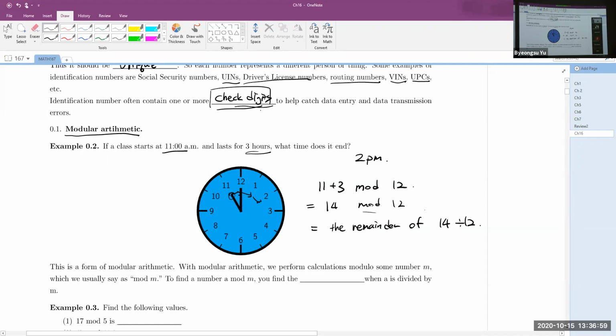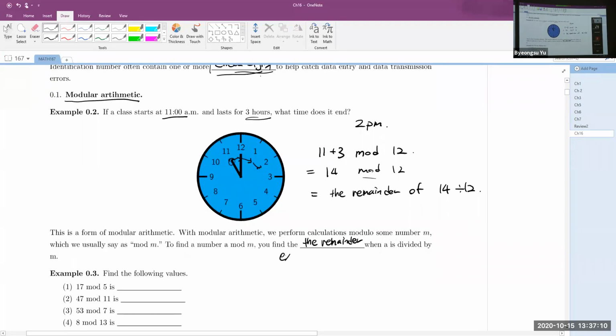To find a mod m, you find the remainder when a is divided by m. So in general, if a and m are integers, then a mod m is just the remainder of a divided by m.